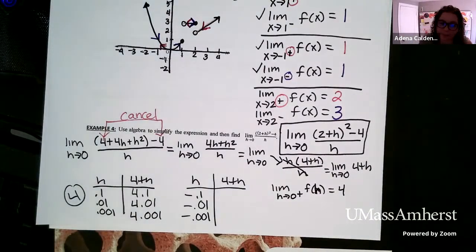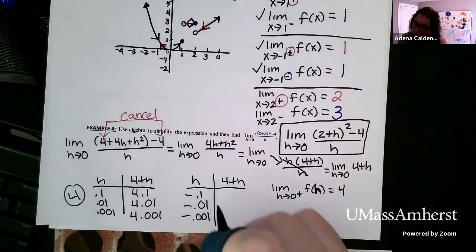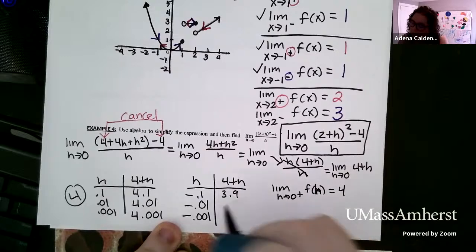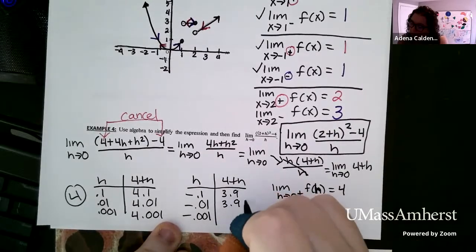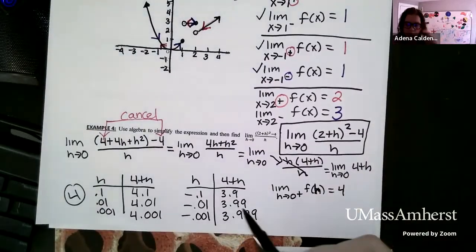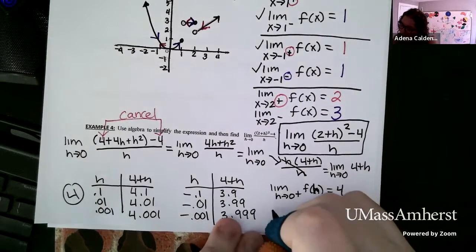If we do something similar from the left, we have negative 0.1, which is going to give us 3.9, negative 0.01, so 3.99, then 3.999. So again, we see that the decimals get closer to 0. This is getting closer and closer to 4.